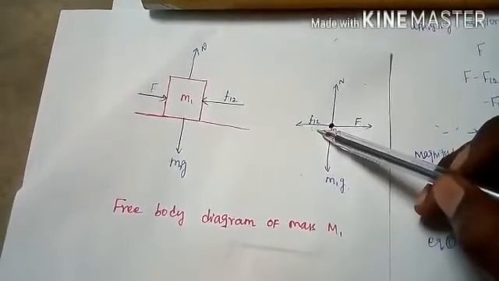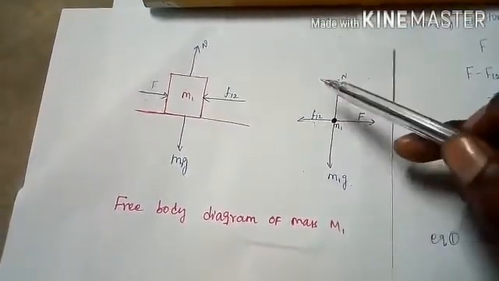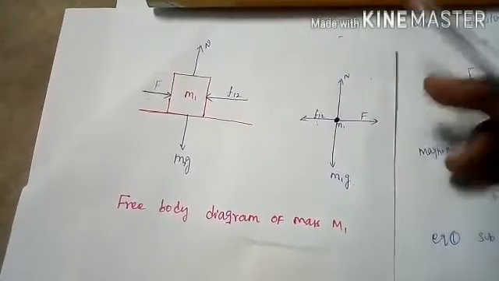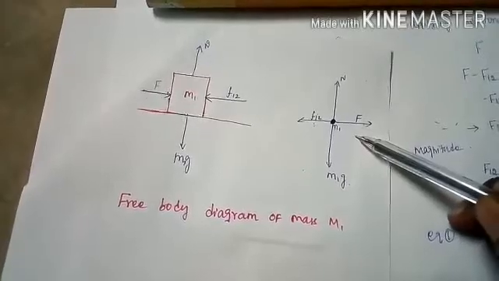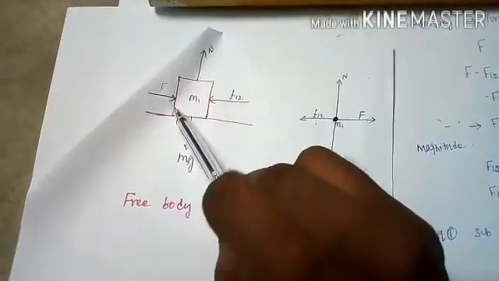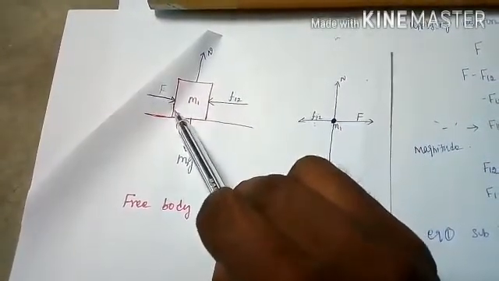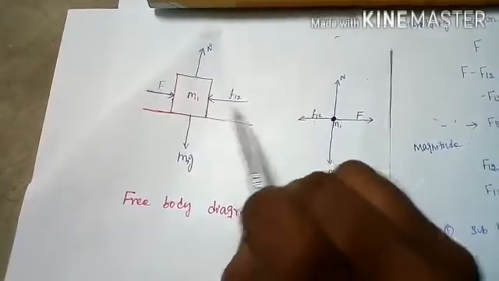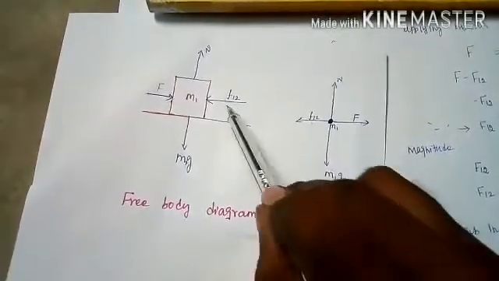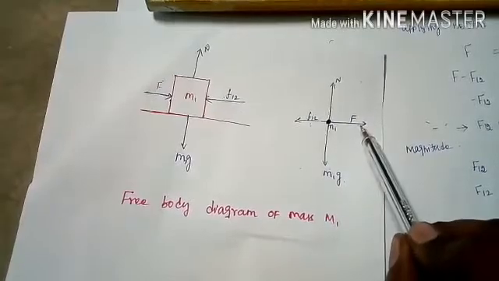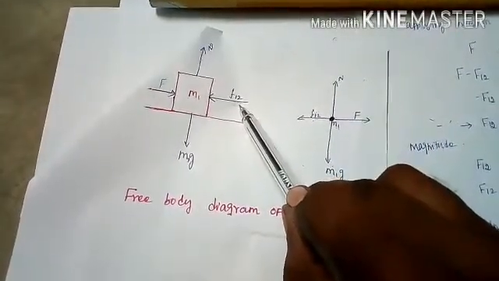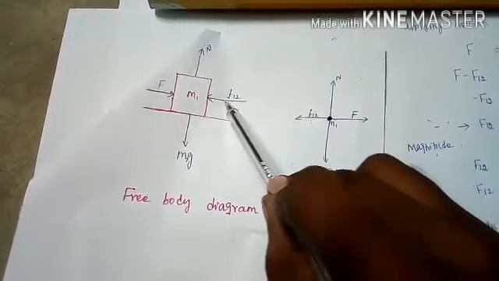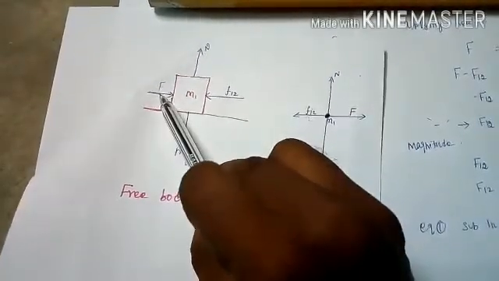Before calculating the force, the conventional sign should be followed according to the graph. So in our free body diagram, the applied force is directed towards the positive x-axis. So I draw it like this, and the F12 force is directed towards the negative x-axis.